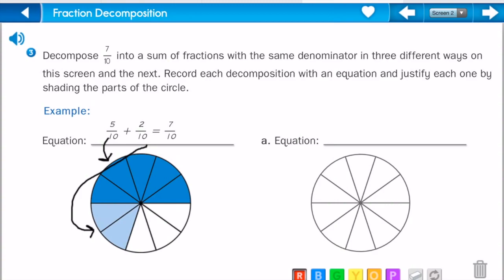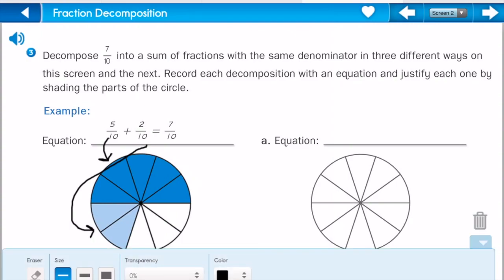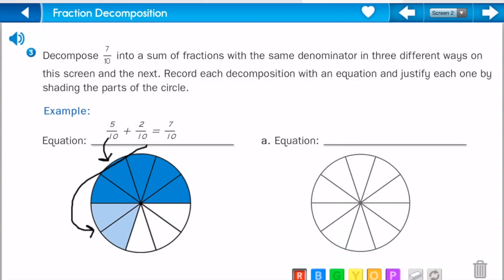I'm thinking in my head how I want to break 7/10 up. I'm going to use red to show 2 pieces. So there's 2/10.